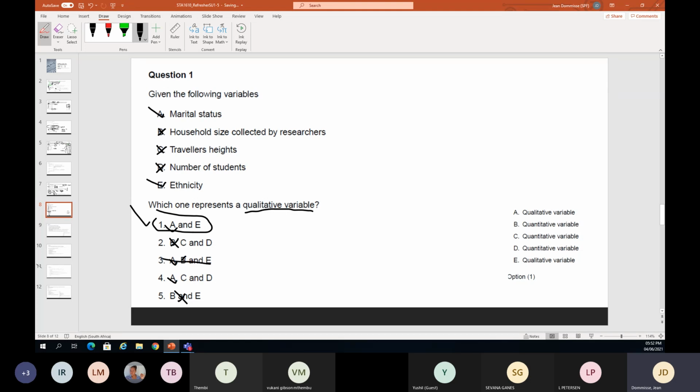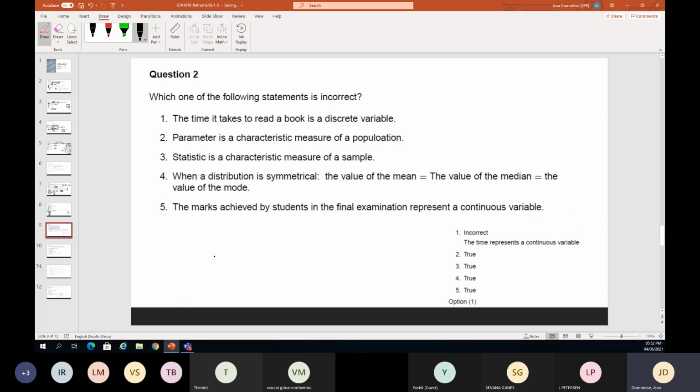Then I would say traveler's height. Okay, no, C is also wrong. So even before I get to the bottom, I nearly know that that is the correct one. Okay, so let's look at another one.